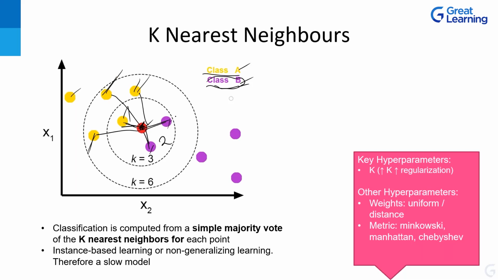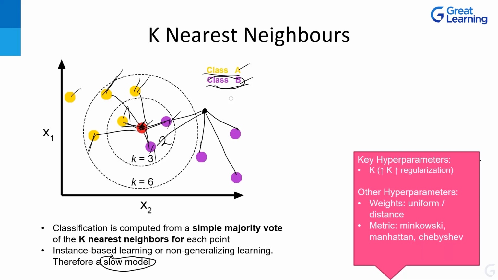And as and when there's a new sample which we want to make a prediction on, it just looks at the entire data set, checks for the desired number of neighbors, and checks which of them follow which particular class. Based on that, we make predictions. Because it saves all the parameters, this is a very slow model as well. Maybe not as slow as SVM with kernels, but still it happens to be quite a slow model.